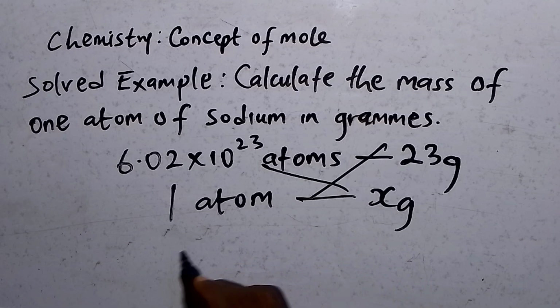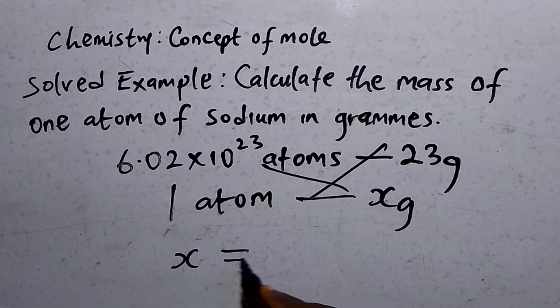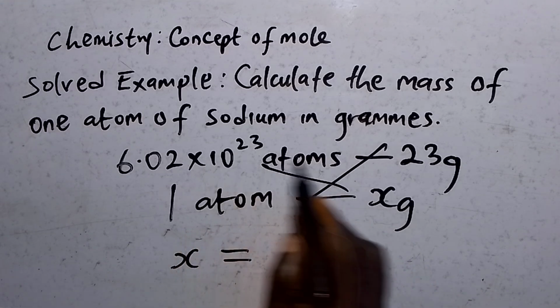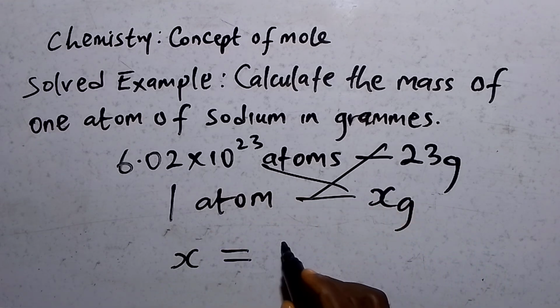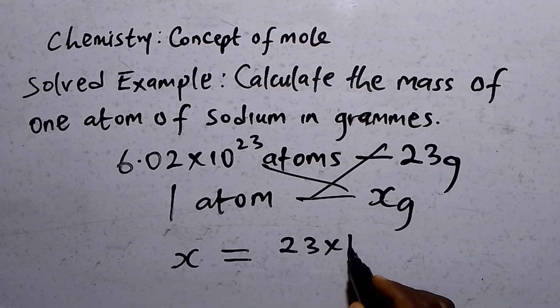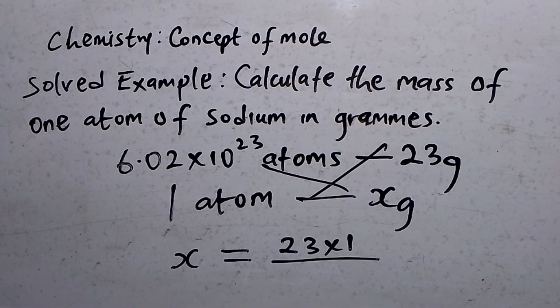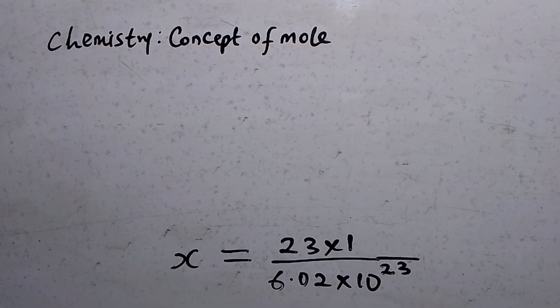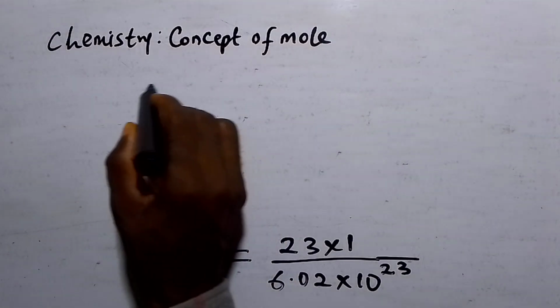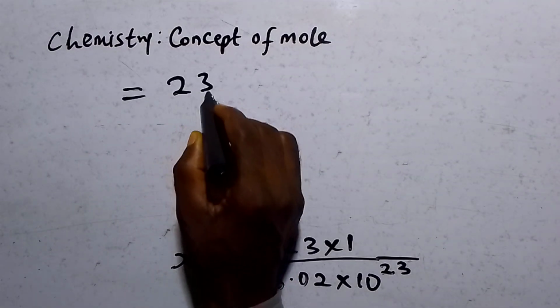So write the one you're looking for here and say it is equal to 23 times 1 all over the number remaining there, 6.02 times 10 to the exponent of 23. Of course, you know that 23 times 1 is going to give you 23.